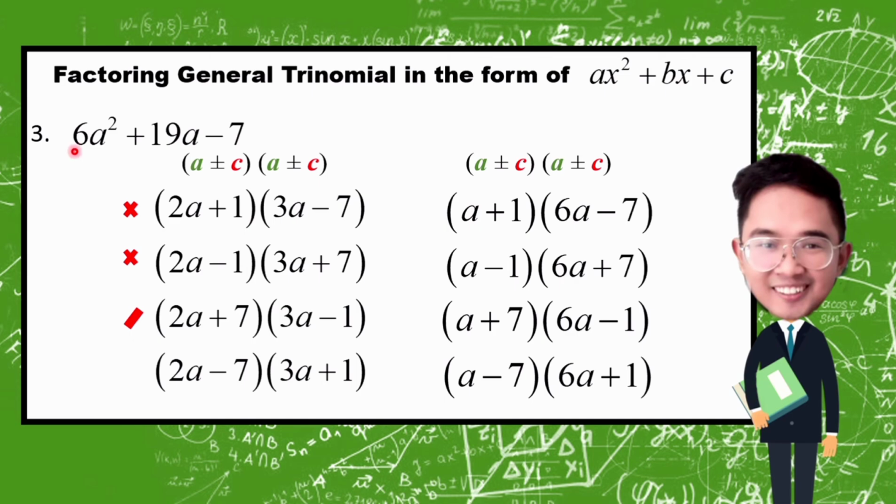Therefore, 6a squared plus 19a minus 7 is equal to the quantity of 2a plus 7 multiplied by the quantity of 3a minus 1. Again, there's no need to compute for the remaining possible factors since this factor is equal to the middle term of our given.